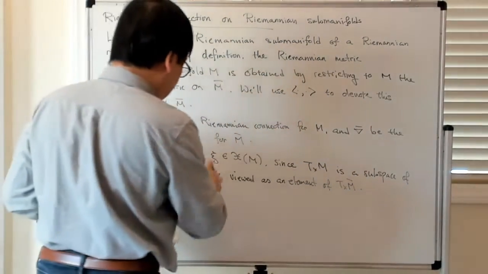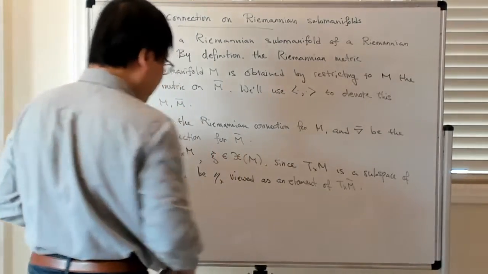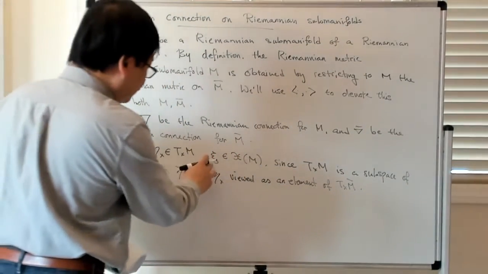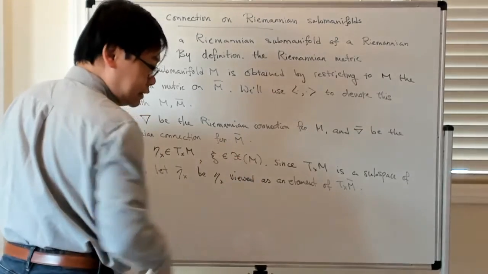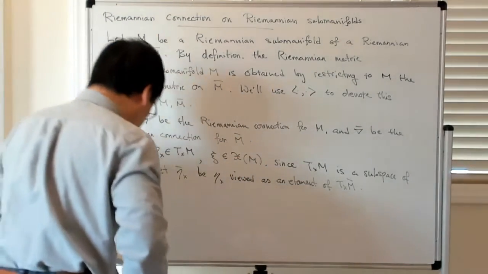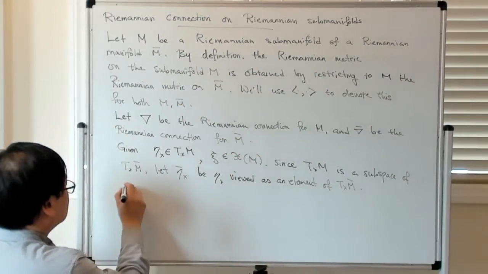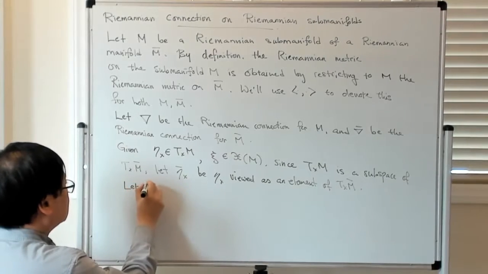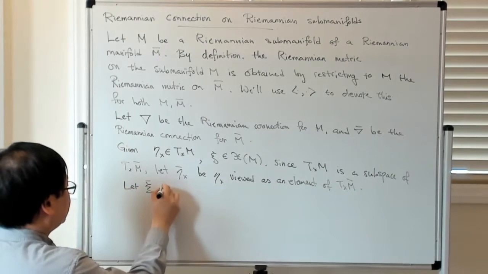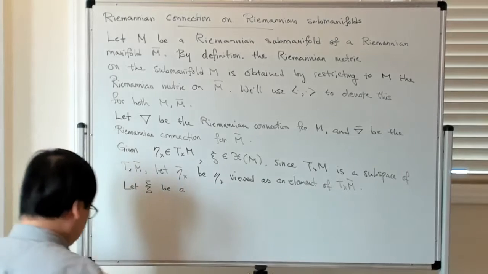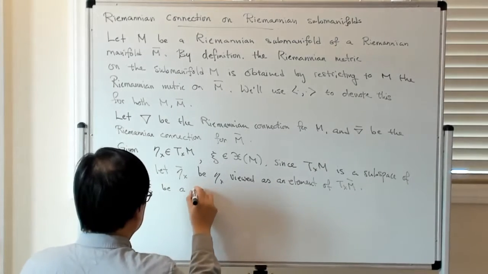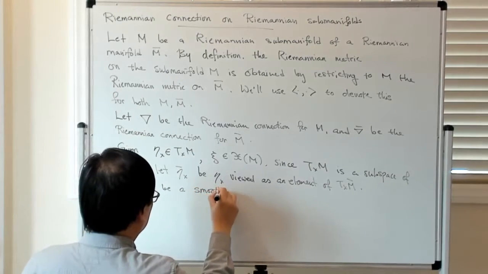Okay, and then now you have a vector field on M. You have to look at a smooth extension of this to M bar. So let C bar be a smooth extension, well, a smooth local extension.